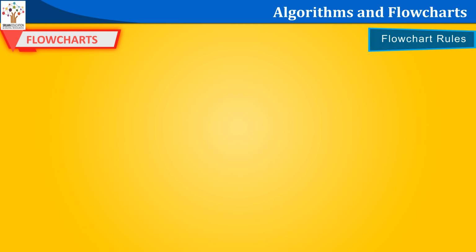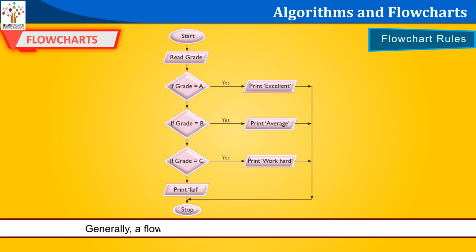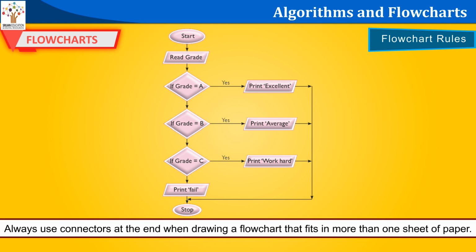Flowchart rules. The rules followed in order to make flowcharts are as follows. Generally, a flowchart flows from top to bottom or from left to right. No cross lines are allowed in a flowchart. Always use connectors at the end when drawing a flowchart that fits in more than one sheet of paper.